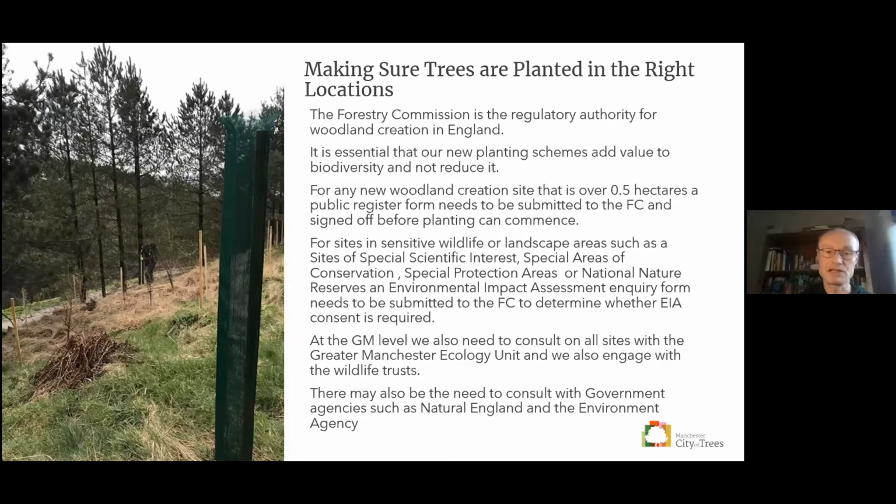And there is a regulatory process in place through the Forestry Commission in England to make sure that we check the locations properly to ensure that there aren't already existing designations or important habitats like sites of special scientific interest or special areas of conservation or national nature reserves. We have to go through all of those checks. There are mapping websites available for us to check that.